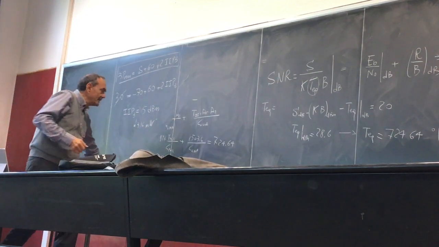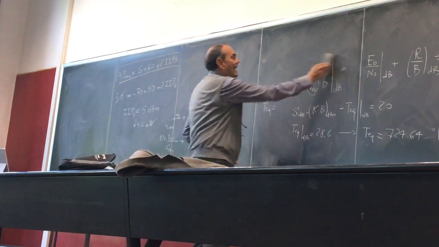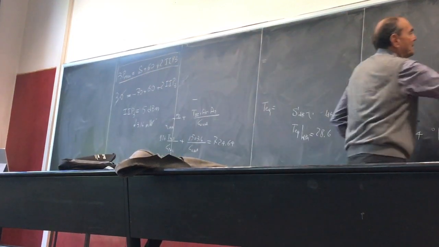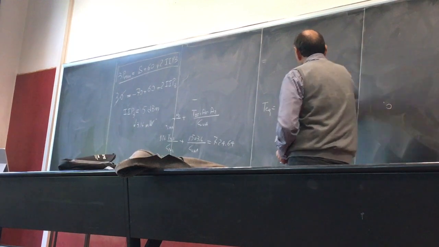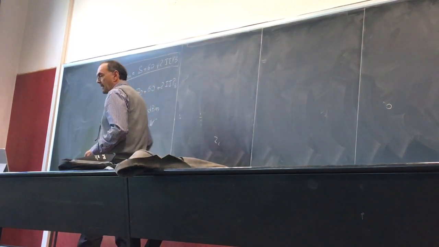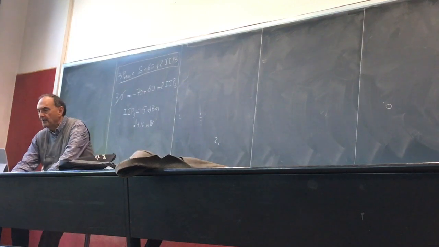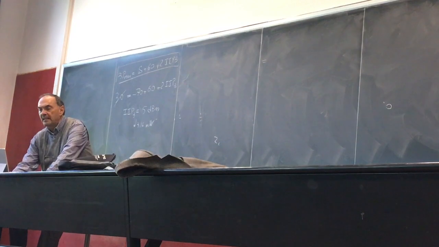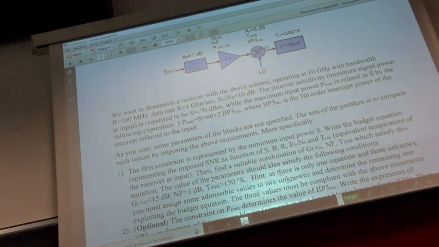In the case of our system, we have 3 blocks which have been specified. If we go back to our scheme, 3 blocks which are represented by the filter, the amplifier, and the mixer. So we have 3 blocks in cascade.